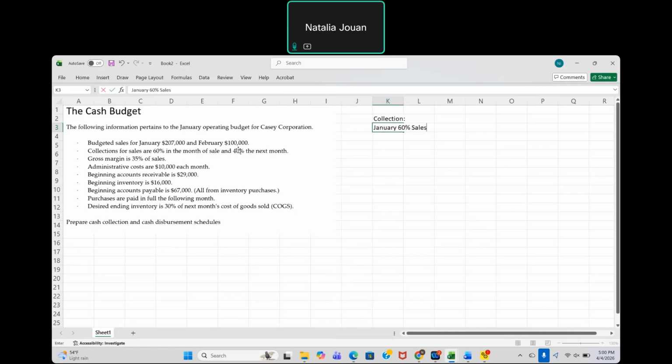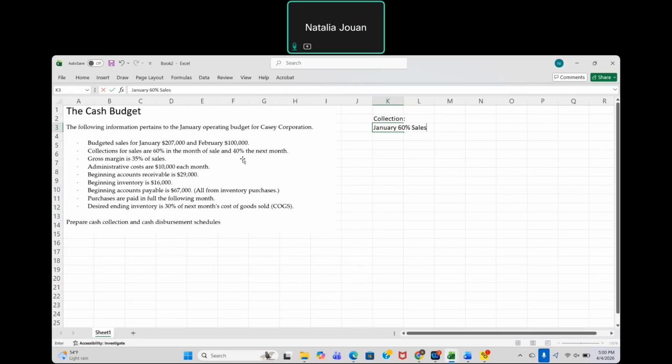And then 40% of whatever we sold 30 days before. Remember, put yourself in the right timing. If you are in January, you cannot collect whatever we're going to sell. You're projecting on selling the following month, February, you cannot collect because you haven't sold it yet. So you have to look back in time.